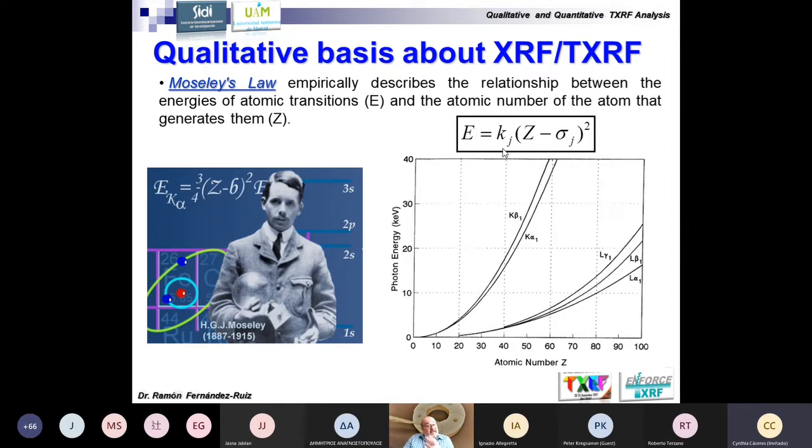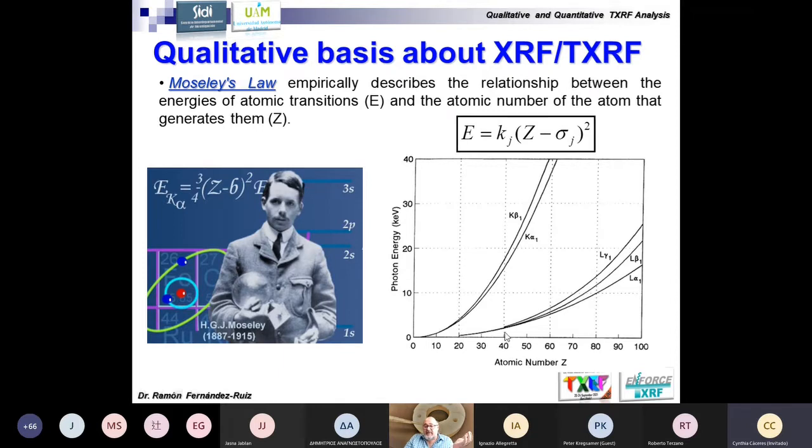Okay, he saw that the relation between the energy of the emitted photon and the atomic number, that is the element of the periodic table, follows, for each one of the transitions, parabolic functions of this type.